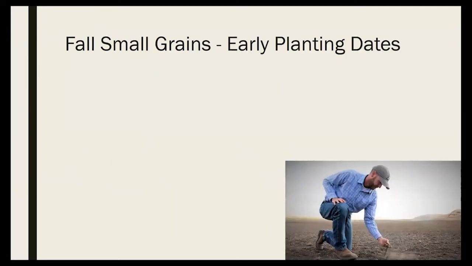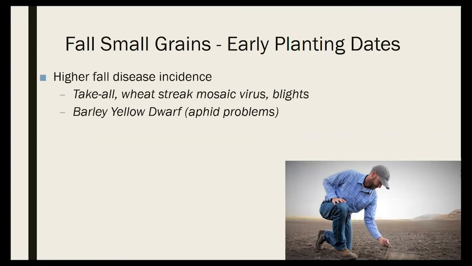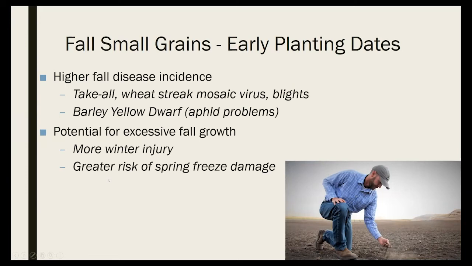So when we're planting fall small grains, with the early planting dates, we can see higher fall disease incidence, things like barley yellow dwarf, the take-all. A lot of things become more pronounced when we get a lot of vegetative growth in the fall, a lot of green. That can cause bigger disease problems the next year.